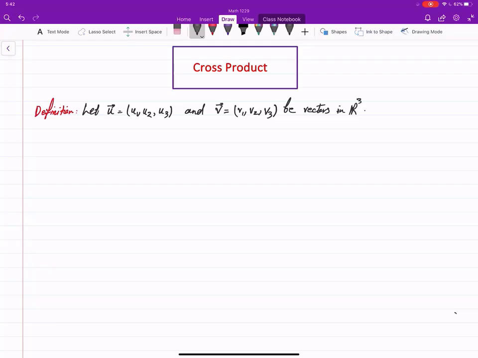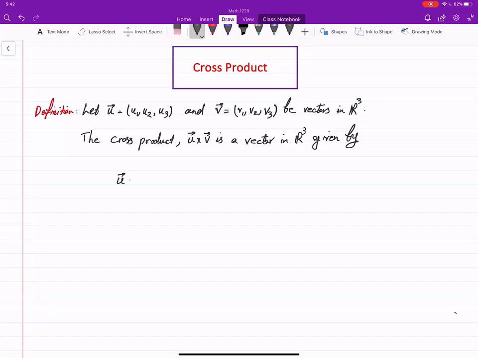Then the cross product, which we denote by U cross V, is a vector in R3 given by, okay, what is the recipe? What is the formula for that?